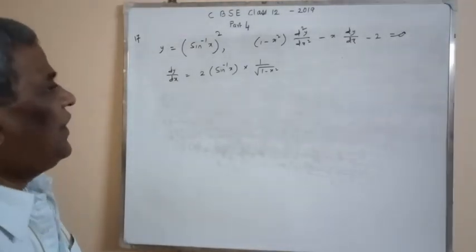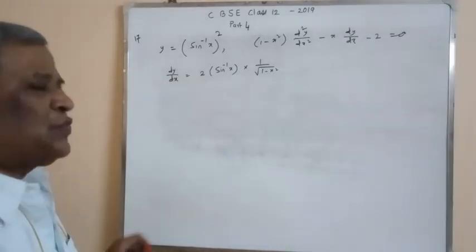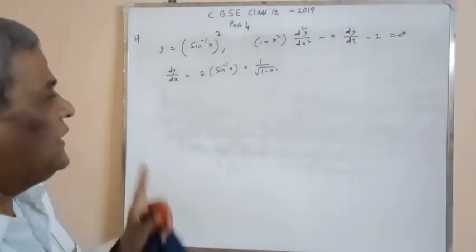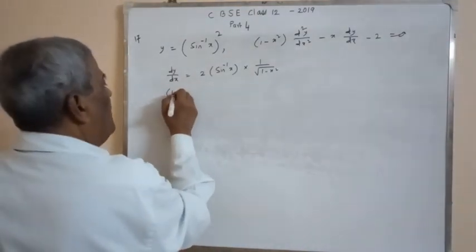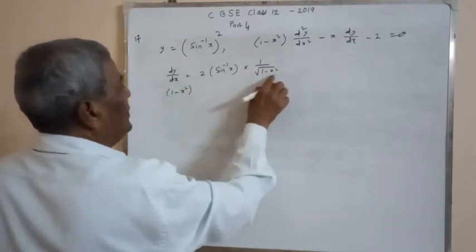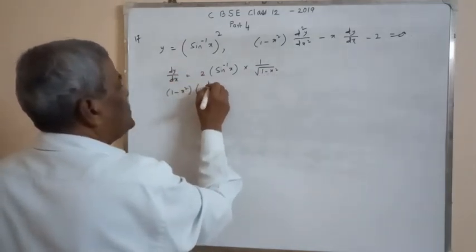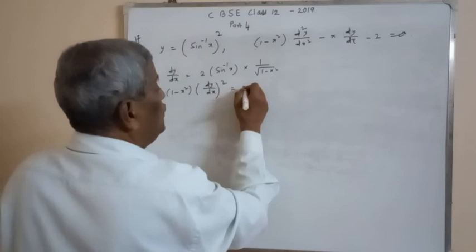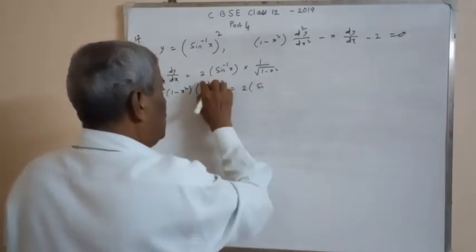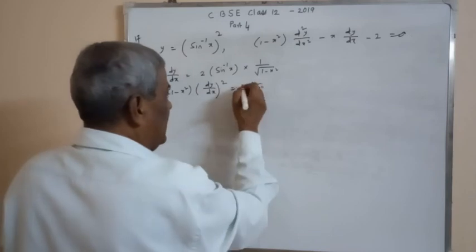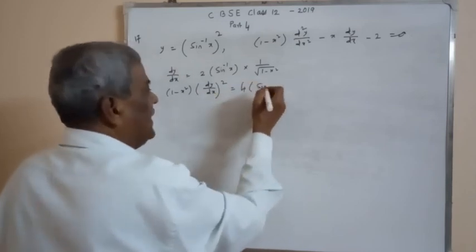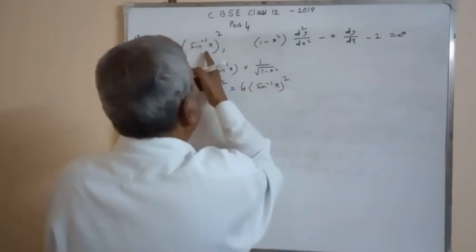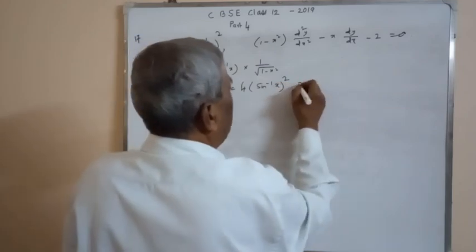Now squaring both sides and cross multiplying, we get (1 minus x square) into (dy/dx) whole square is equal to 2 square, that is 4, into (sine inverse x) whole square. Now (sine inverse x) whole square is nothing but y, so it is 4y.